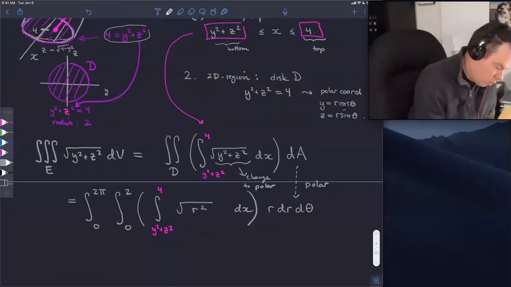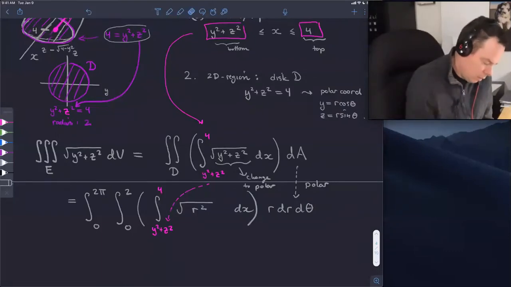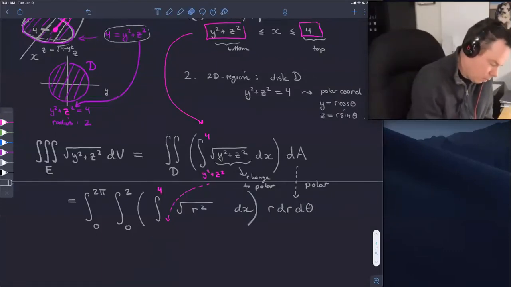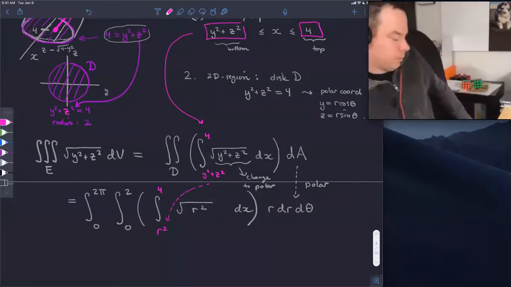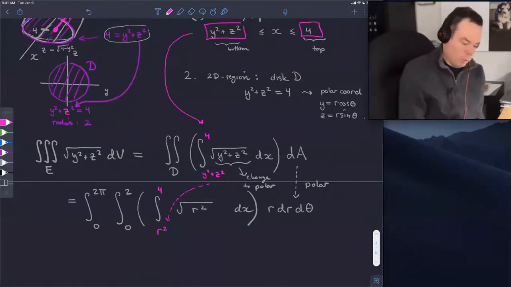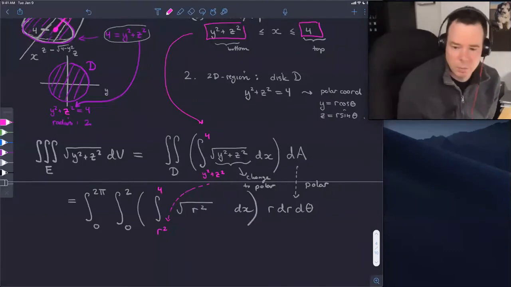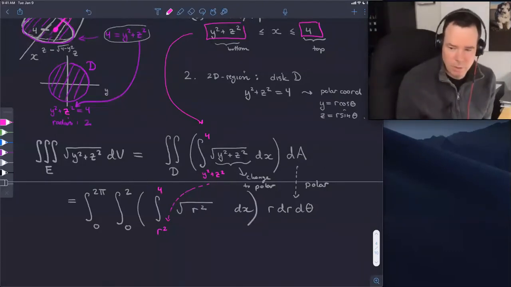We've also got to change our limits of integration to polar as well. In this case, this becomes an r squared, and our upper one is still just 4, because x is ranging from r squared now up to 4.